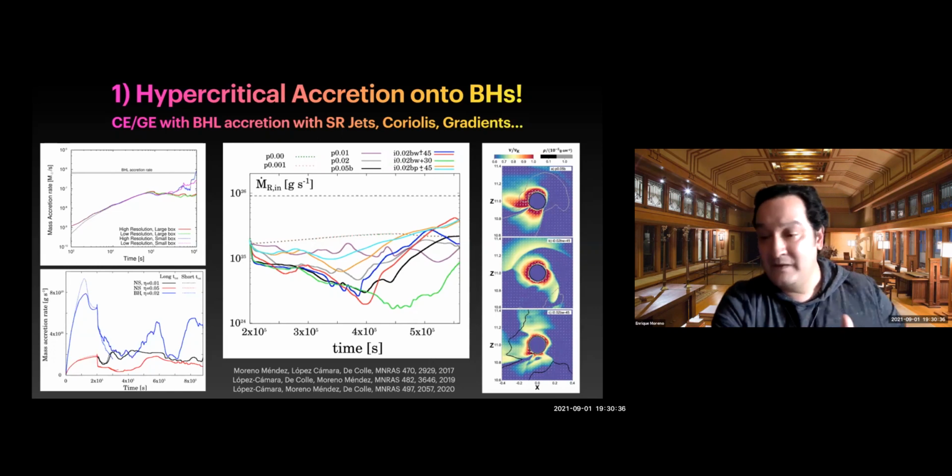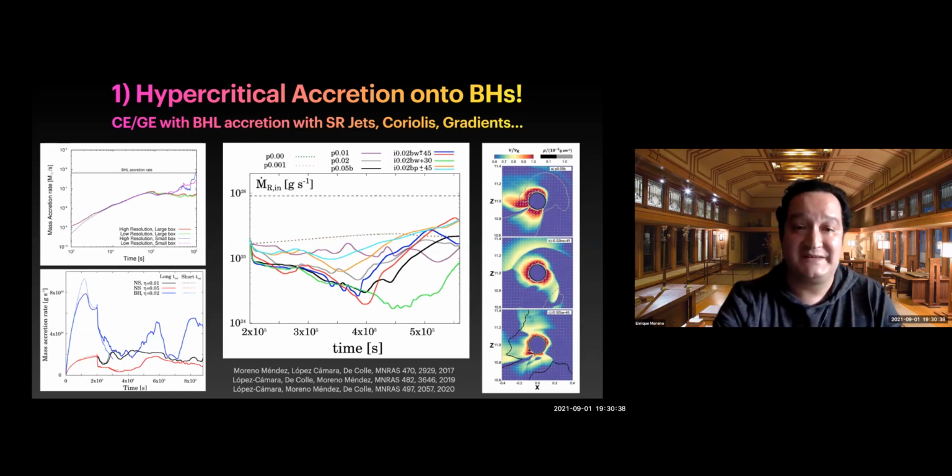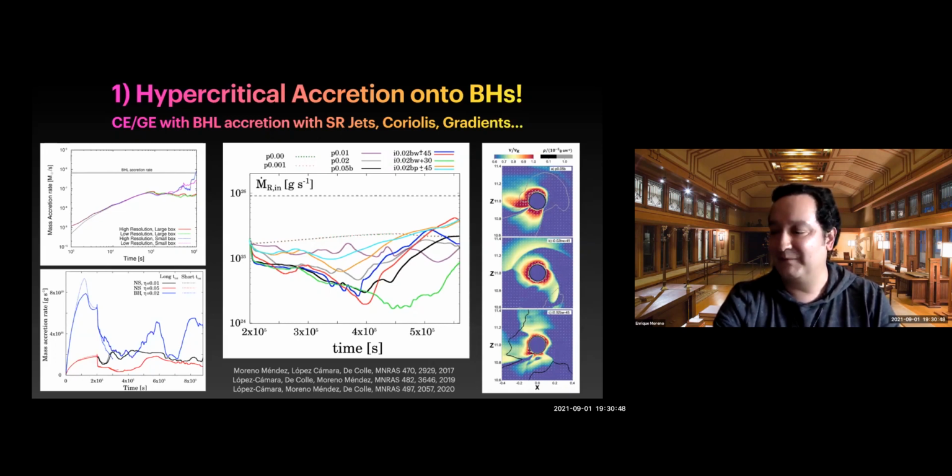We had the wind tunnel and we were launching jets to see whether the jets would interfere with the accretion rate. And what we find is they usually don't make much of a dent. If we have low resolution, you can see that we can even reach Bondi-Hoyle-Littleton. But once we increase resolution in our simulations, we settle somewhere a few times lower than the Bondi-Hoyle-Littleton accretion rate.